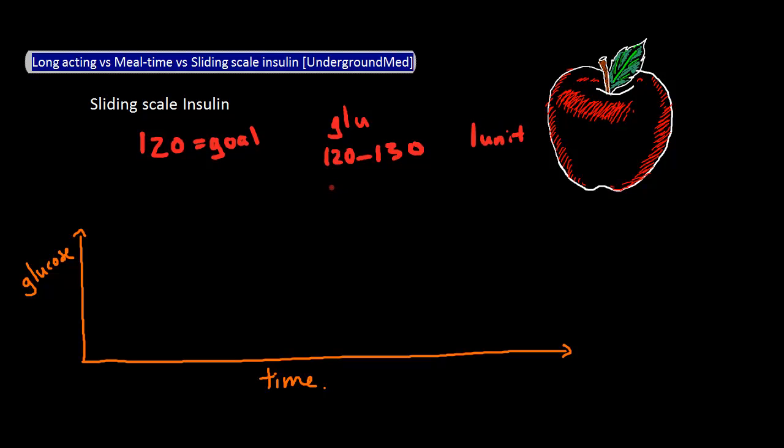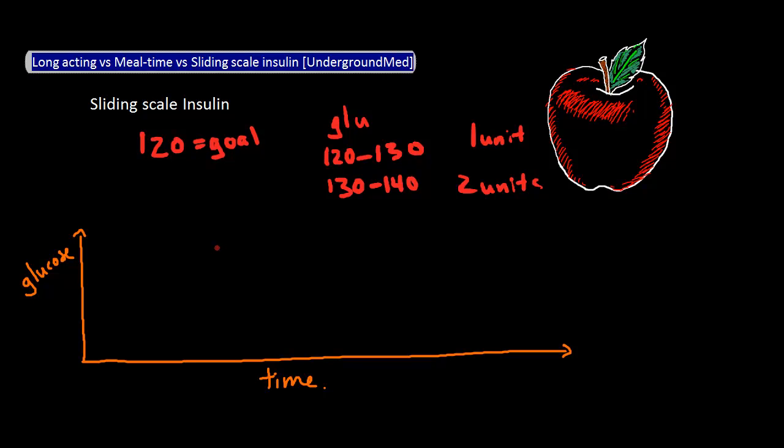If the patient's glucose level is between 130 to 140, give 2 units of insulin. And this goes on and on and on. It's a sliding scale because the higher your patient's glucose level is above your goal, the more insulin you give. You can choose how often to check glucose levels and how often to give short-acting insulin. For example, every 4 hours or every 6 hours.